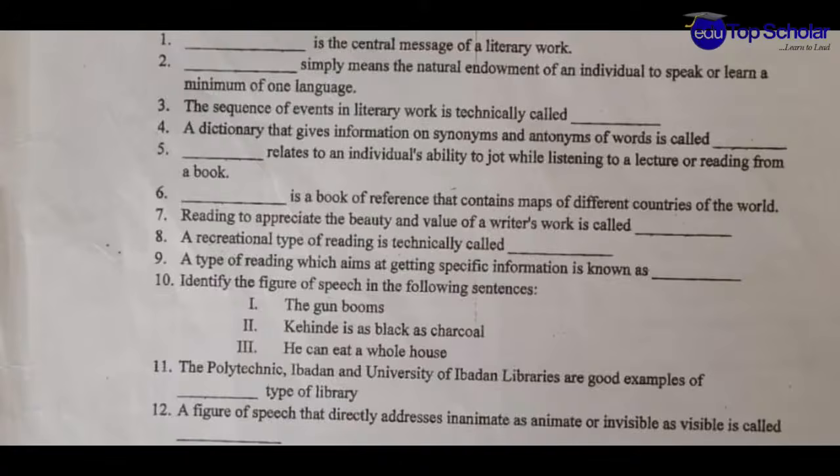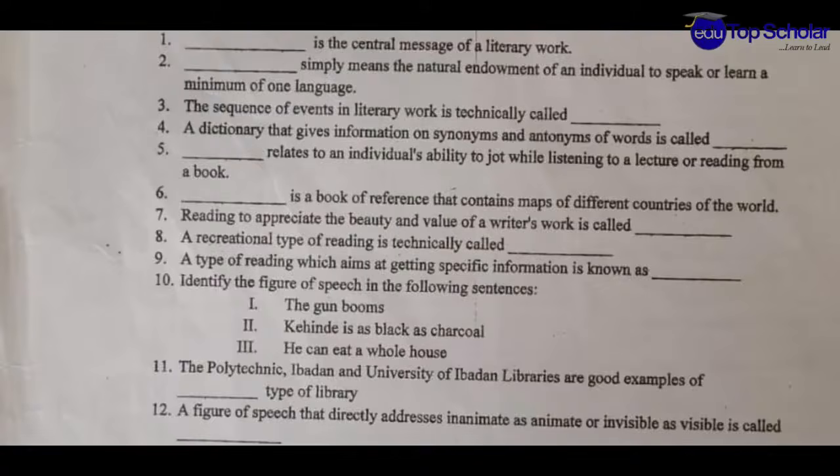It is almost the same thing as intensive reading, but when you want to use it to appraise the work of a literary artist, it will become critical reading, because you are reading to criticize, to analyze, to form an impression about the work. So that is critical reading.